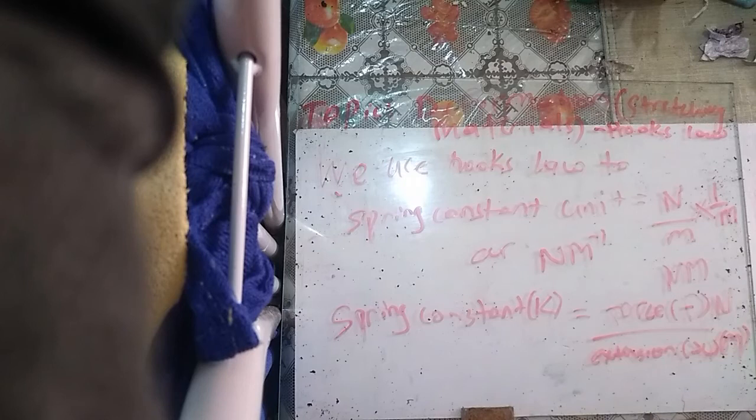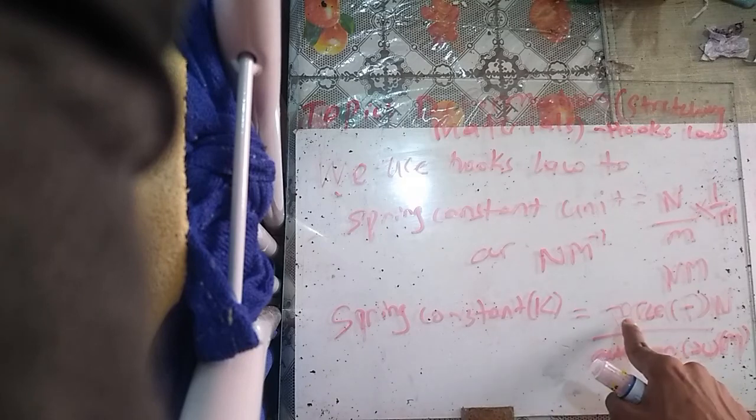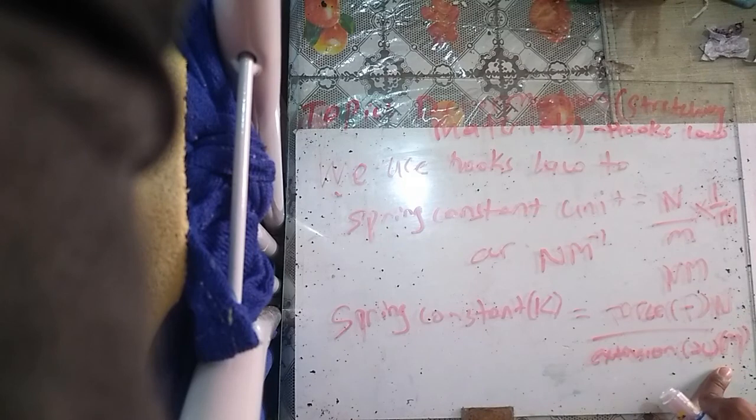So guys, the lab that I showed you from the very beginning, you can use that lab and find the spring constant for any spring, because spring constant is equal to the force in newtons divided by the extension in meters. If you know the weight of the object you put on the spring, and the distance the spring extends to by measuring it, you're good to go.